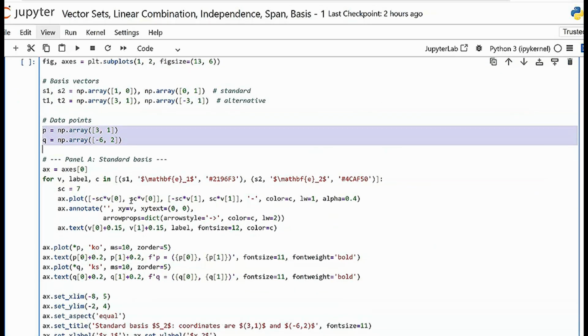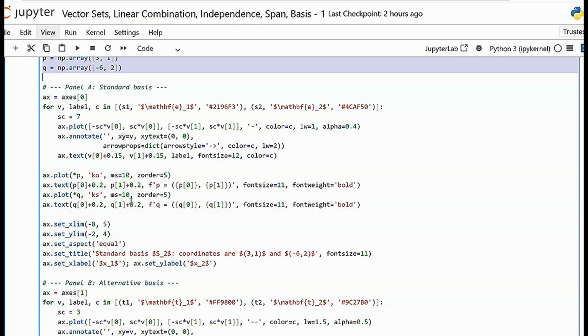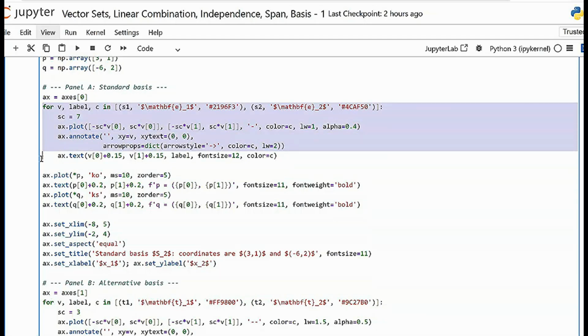Now let me create the two plots. First, let me have the standard basis under panel A, and we are selecting the left panel. Here the loop starts over the standard basis vectors.